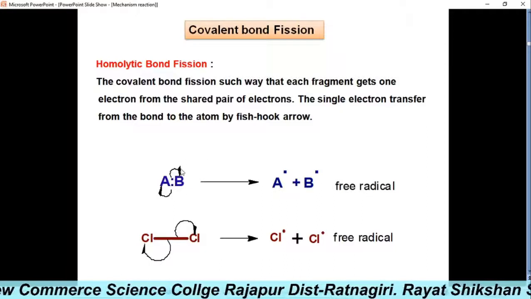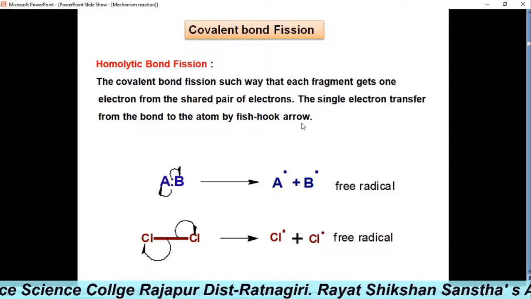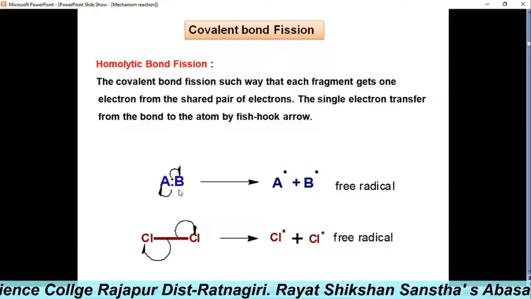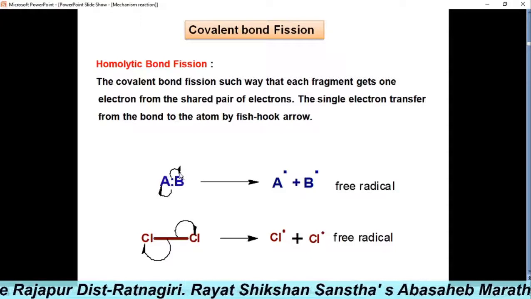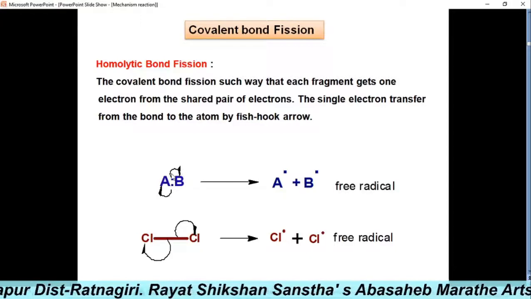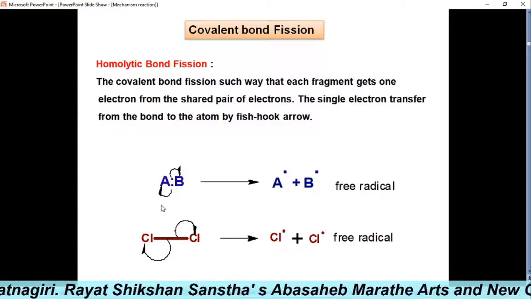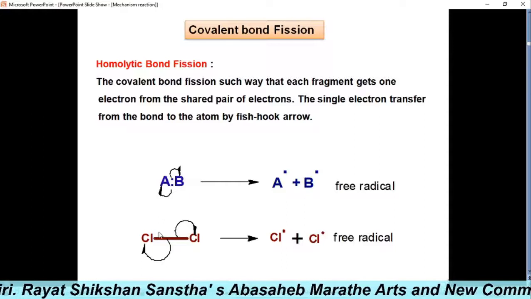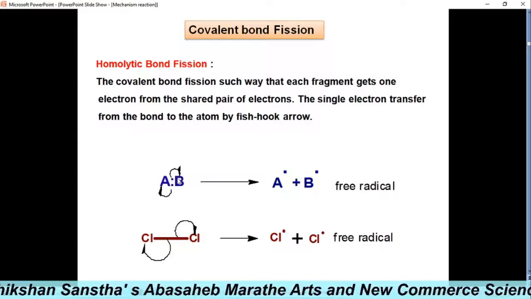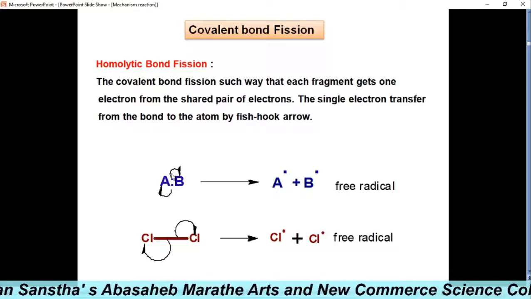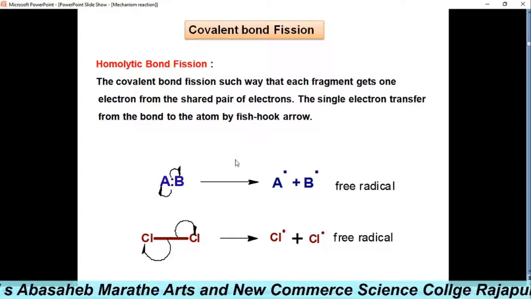This type of arrow is also called a fish hook arrow, because in fishing, hooks are used to catch fish, and this arrow is shaped like a hook, so its name is a fish hook arrow.